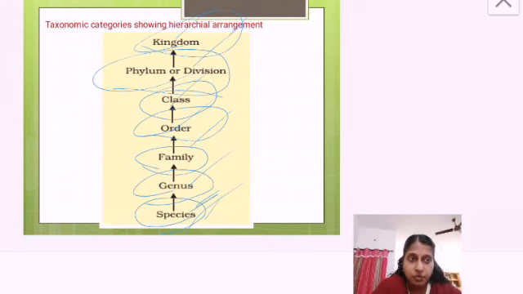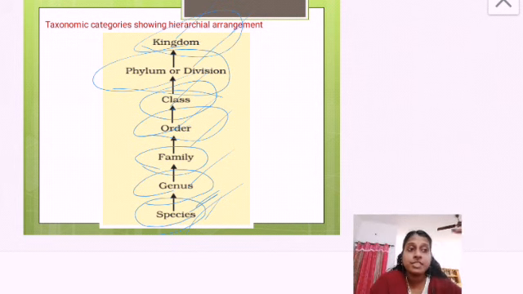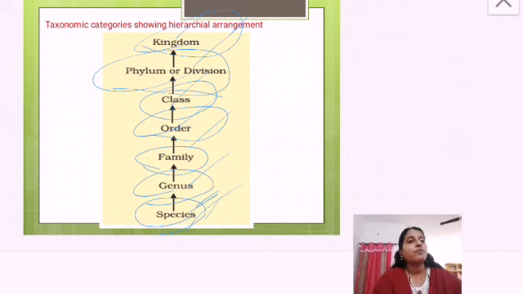One is the species. Species, when they combine together, form genus. Genus, when they combine resembling some common characters, form family. Families having similar common characters form orders. Orders with some common characters form class. Class with some common characters forms phylum, and phylum with some common characters forms the highest one, which we call the kingdom.